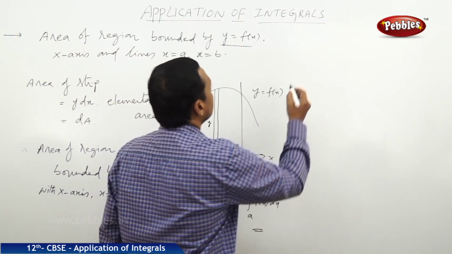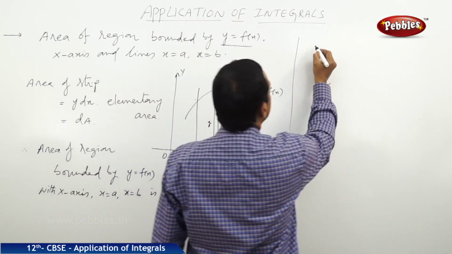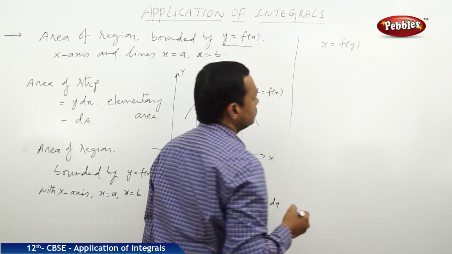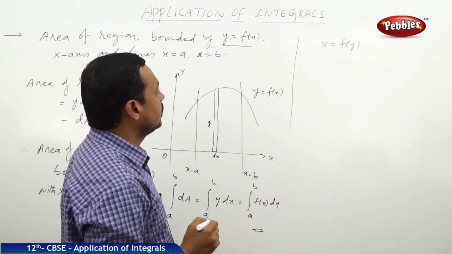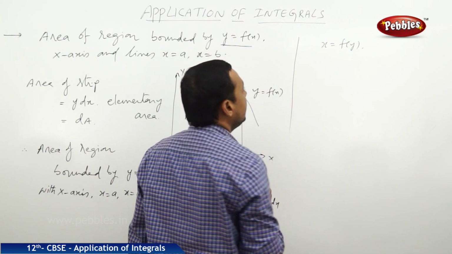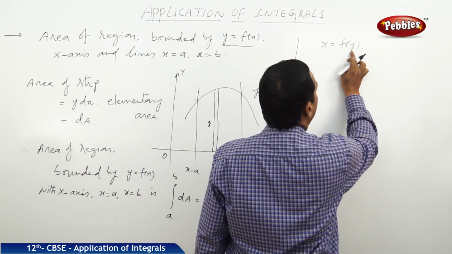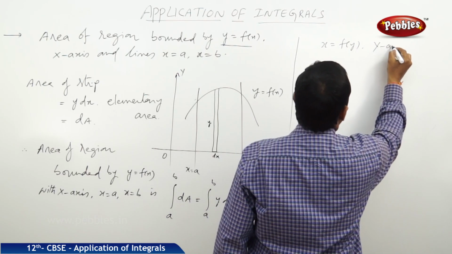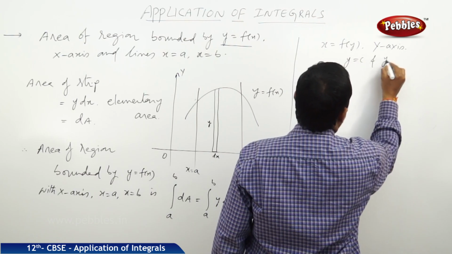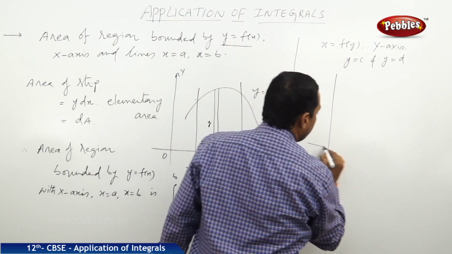Suppose we consider one more curve, x is equal to f of y. Let us take one curve, x is equal to f of y, and the area of the region bounded by the curve x is equal to f of y with the y-axis between the lines y is equal to c and y is equal to d. Now in this case, the graph will be like this.